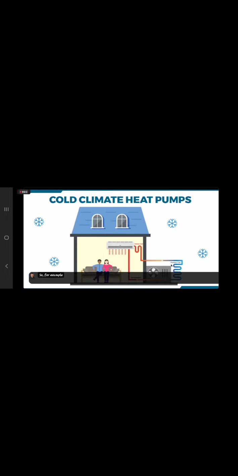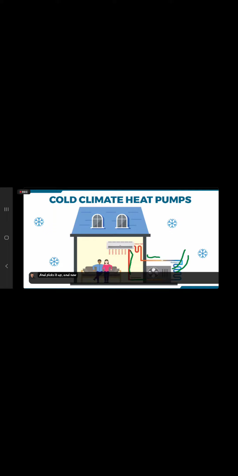For example, for us to capture heat energy in cold climates, we need to be at a colder temperature to be able to capture that heat energy and bring it in. As you can see in the picture, as the coils go out, it drops in temperature. So you're able to capture that heat energy from the outside and bring it into a conditioned space. Once you bring it in, it goes to a compressor and picks it up.